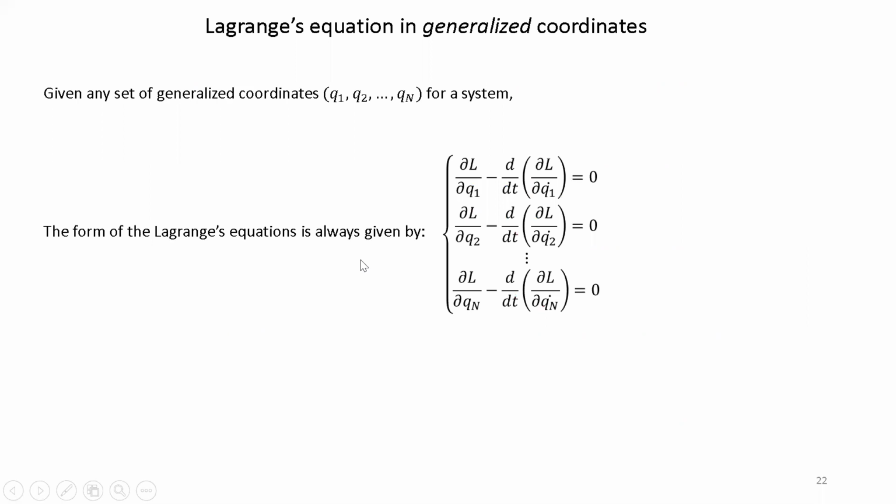So in general, I would call a set of generalized coordinates Q, from Q1 to Qn. As long as they are all independent, I assume that they're all independent, and you have already used the minimum required number, taking all the constraints into account, then you can just use the same form of the Lagrange equation.